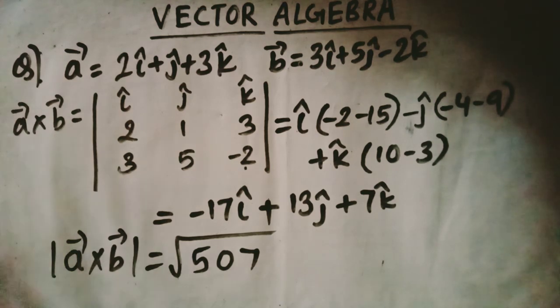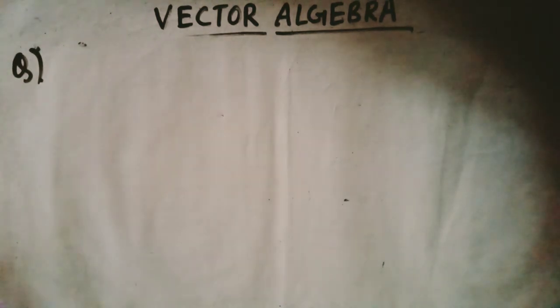Okay, let's solve second question. Find a unit vector perpendicular to each of the vectors A plus B and A minus B, where A and B vectors are given. So they have asked to find the unit vector. So you have to first find out the cross product.